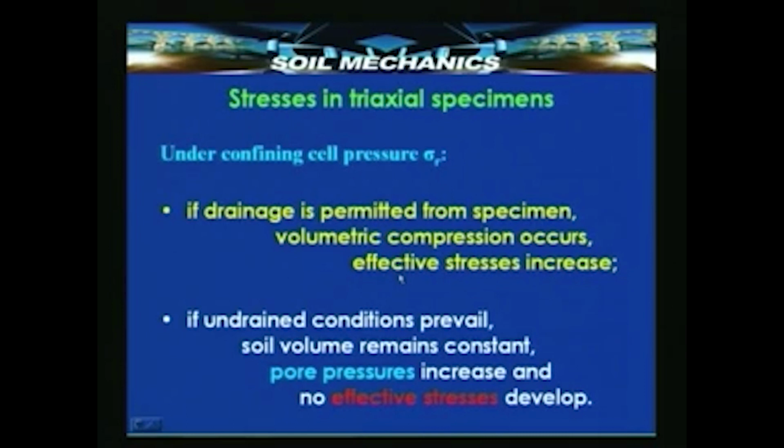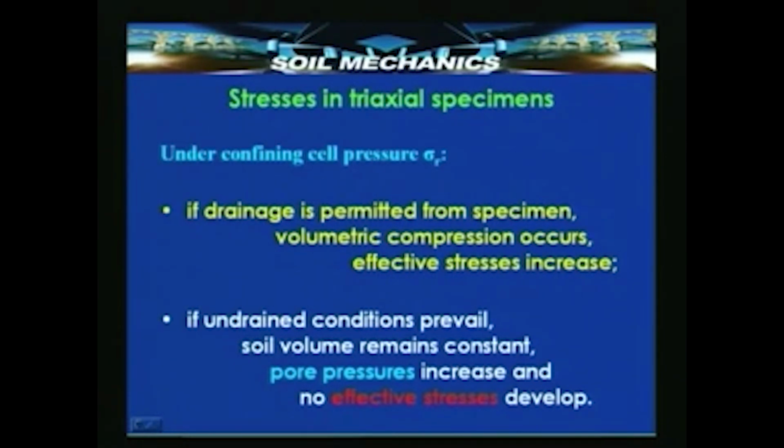Further, the stress sigma r that is applied all around is nothing but a confining pressure that confines the sample, and the reason why we apply this is that it helps us to simulate the confining pressure that exists at the depth from which the sample has been taken out.